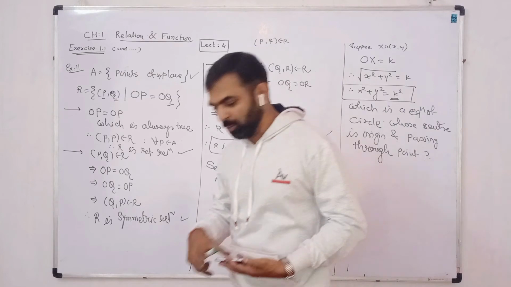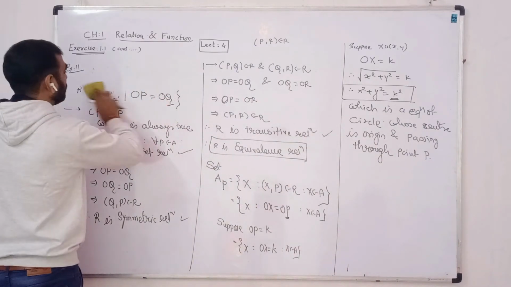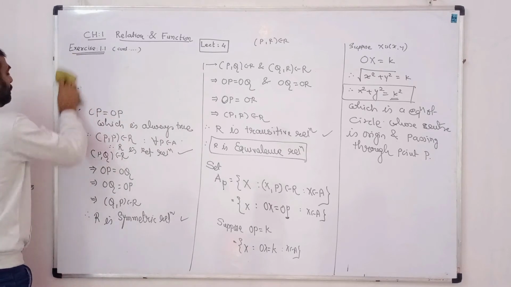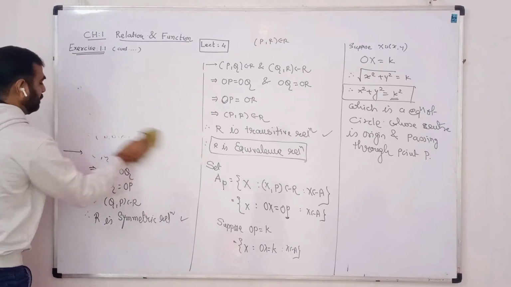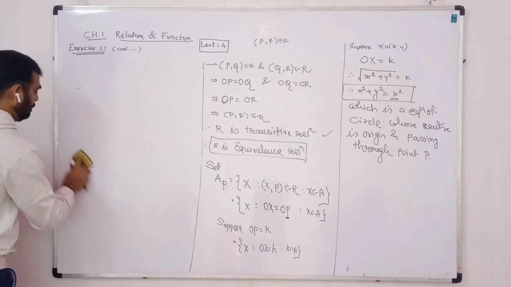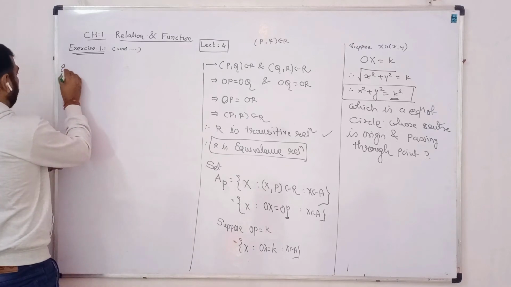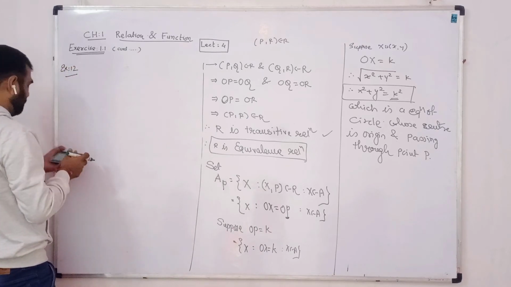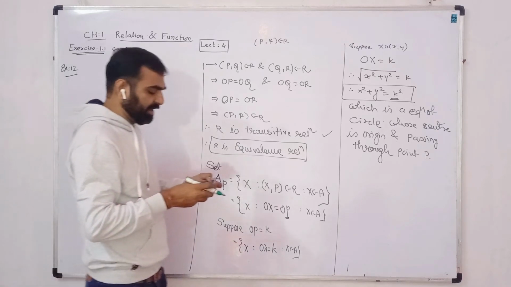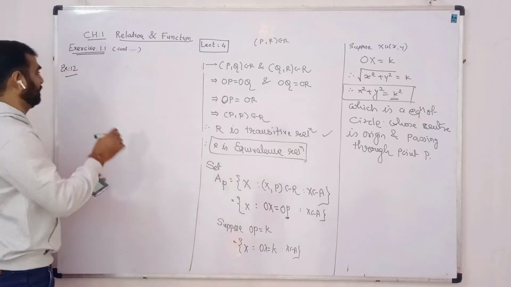Okay, then next question, question number 12. Question number 12 is also a very simple question. What is given in question number 12? The relation is defined on a set A of all triangles.